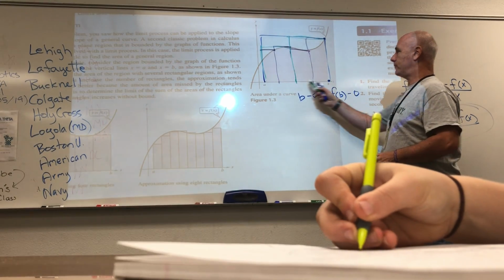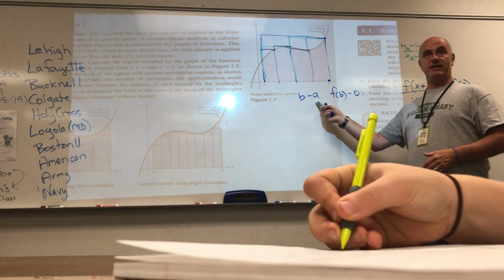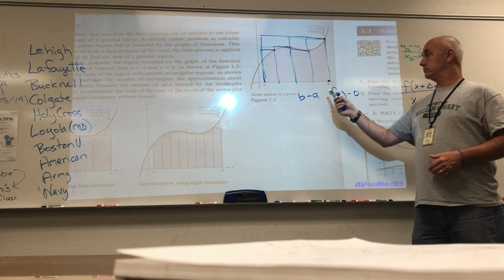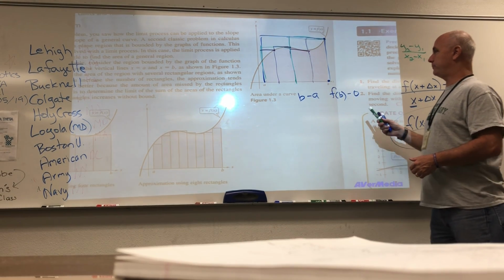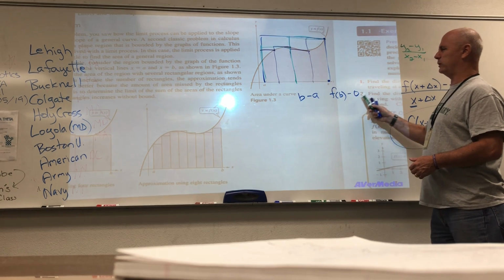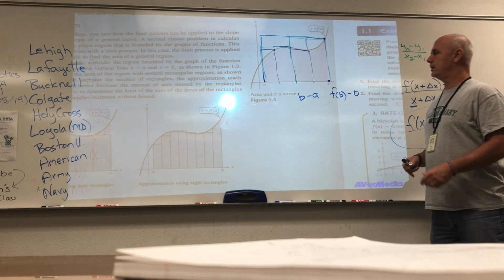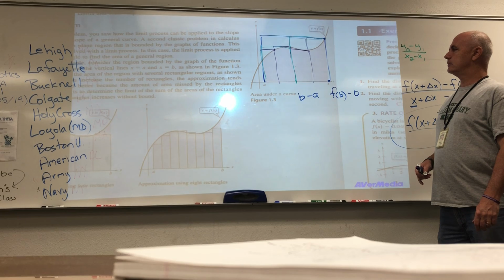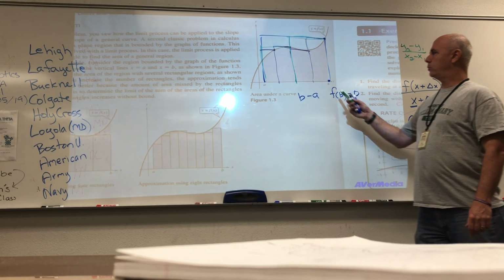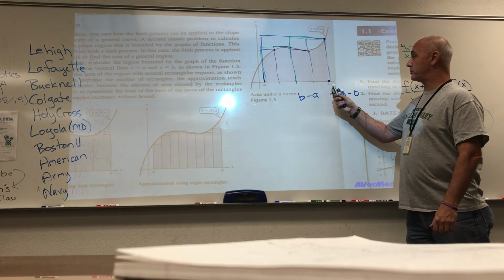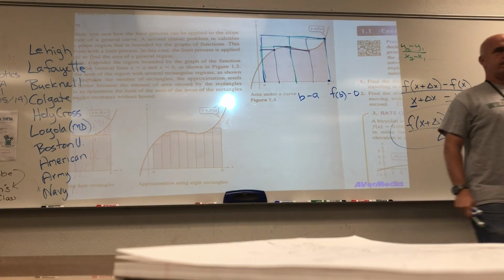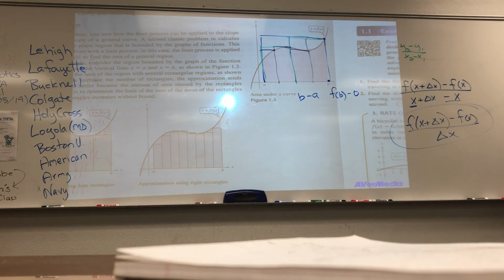Well, we did b minus a here, correct? Okay. And then we did f of b minus 0, which we'll talk about in a minute. But what's another way, considering what we've talked about already today, to talk about that distance from b to a? Delta x.